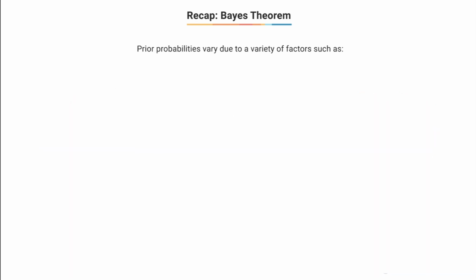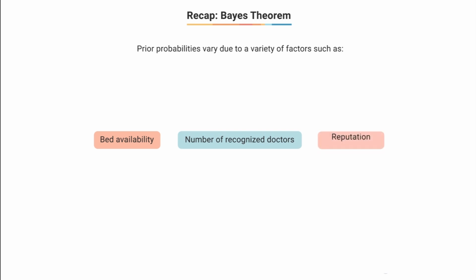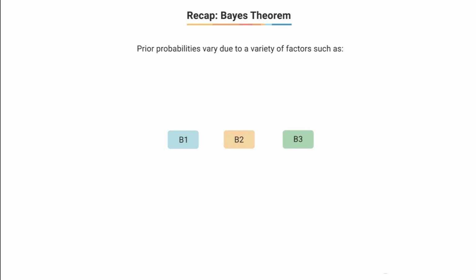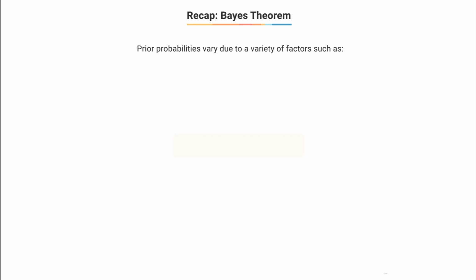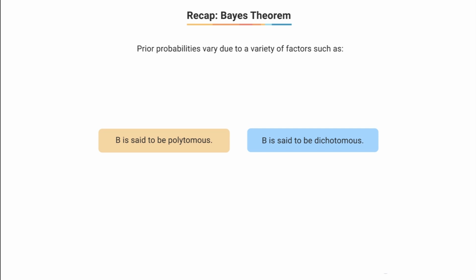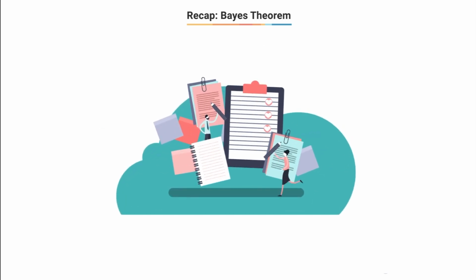This varies due to various factors like bed availability, number of recognized doctors, reputation, and various other factors. Now we have B1, B2, and B3 such that the probabilities of all these 3 events sum up to 1. Hence, in this example, B is said to be polytomous in nature, while in our previous example, B was dichotomous in nature.